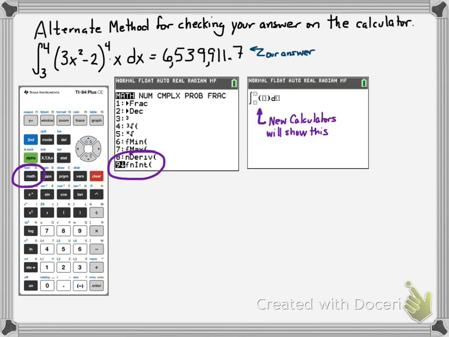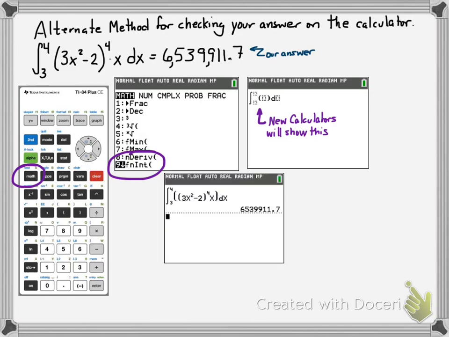Hit that button, and on new calculators, your screen will show up with an integral sign and some parentheses where you're going to put the function in the middle, and then a d with a blank at the end. You can fill in the information just like the way that you would write it. Once you type that in and hit enter, you get the same value that we would expect.